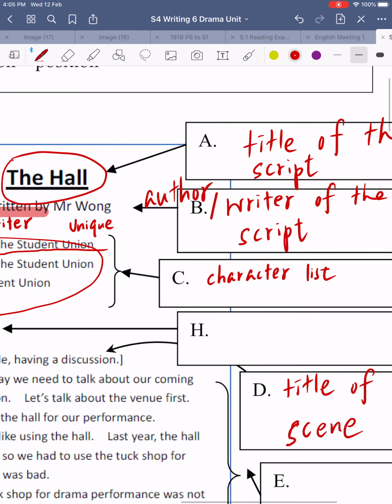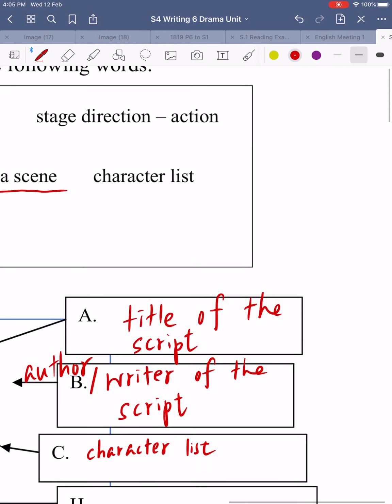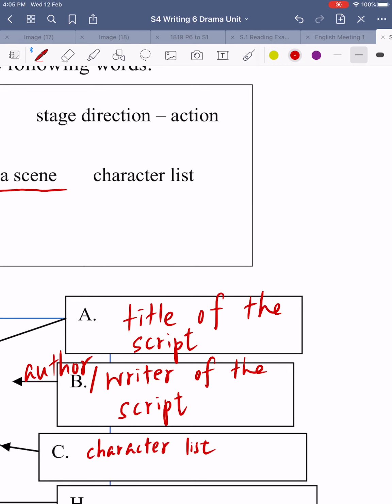Okay, and actually in a drama or a story, we have two types of character. The first type is what we call protagonist. Usually protagonists are the positive or the good characters in a story.